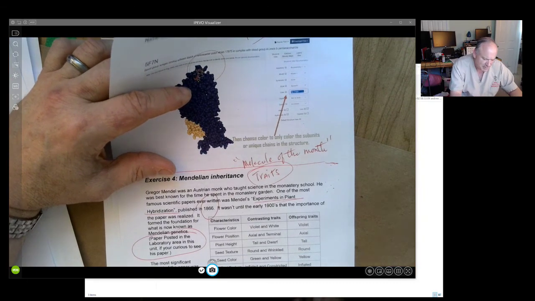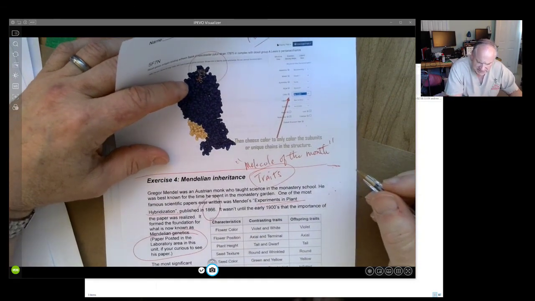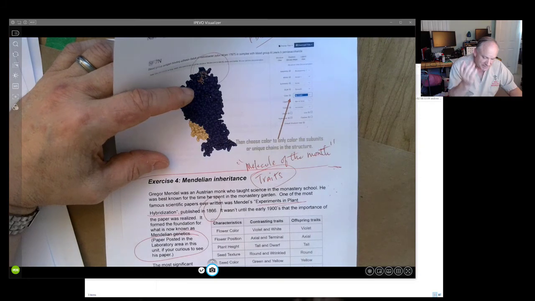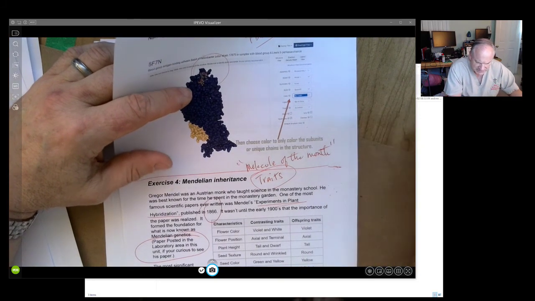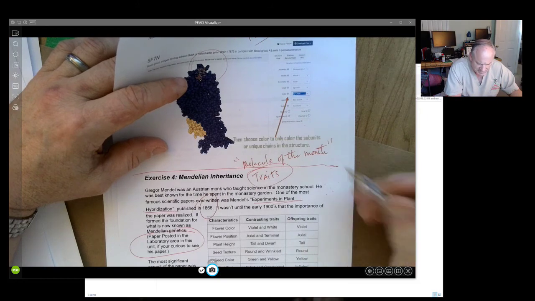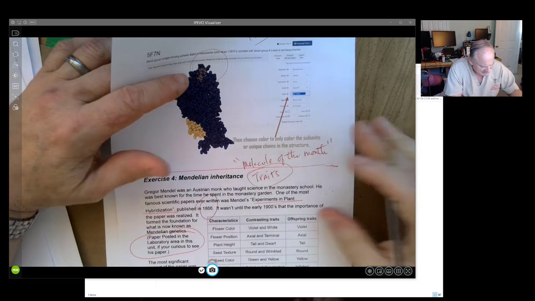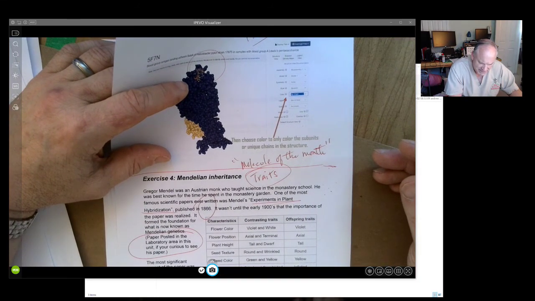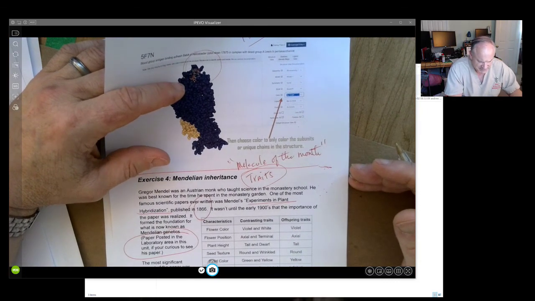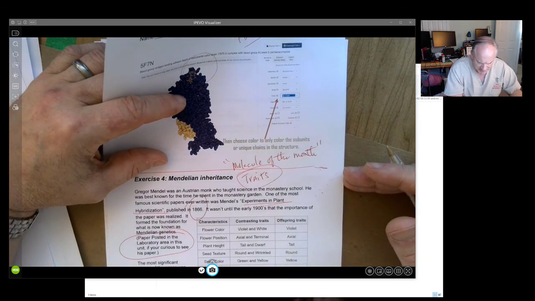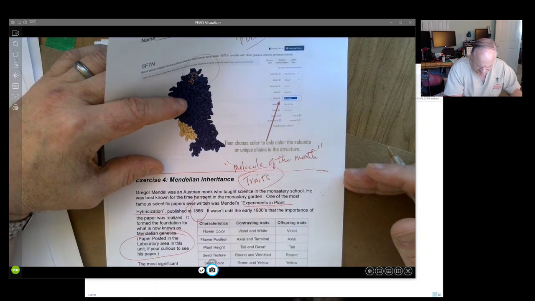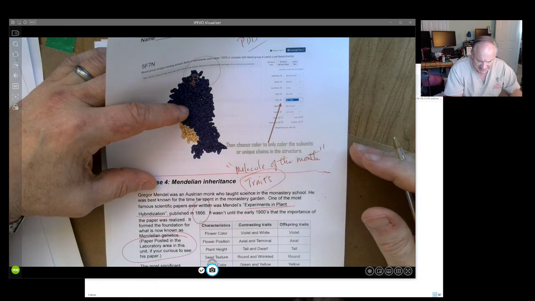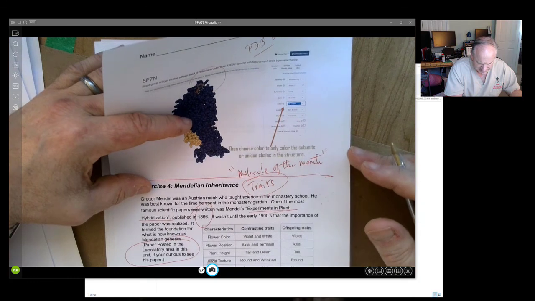Part of the job I have is to try to find things that spark or interest you. You may not be interested in biology, and that's fine, but it is the study of life, and maybe there are certain things that we talk about that at least pique your interest. I just want you to feel free to go and look into things. You just never know. My daughter wasn't interested in a career in biology, at least that's what she told me all the way through high school. But then she went to NC State and did the exact degree program that I did, which really shocked me because she hadn't talked about it.